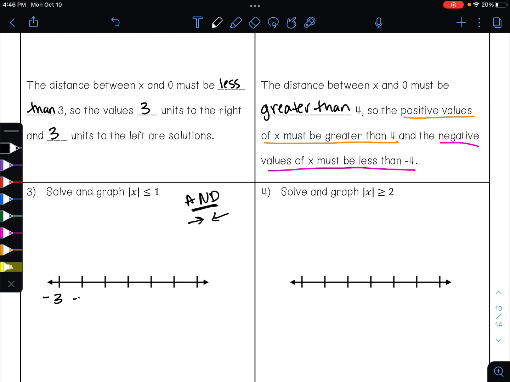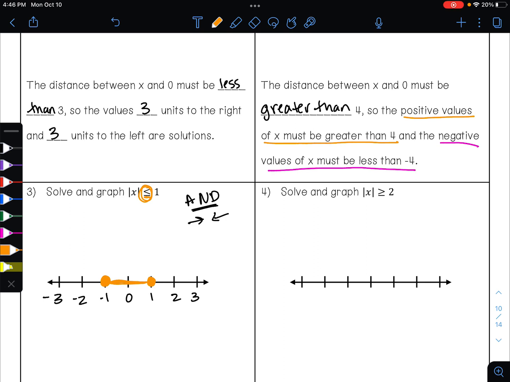So I'll just do from -3 to +3. And I know that I'm going to have filled in circles because I have equal to. And that equal to symbol is telling me that I'll have closed circles. So I'll have a closed circle at -1 and a closed circle at +1. And then I'm shading in between them because it's less than and it's and.